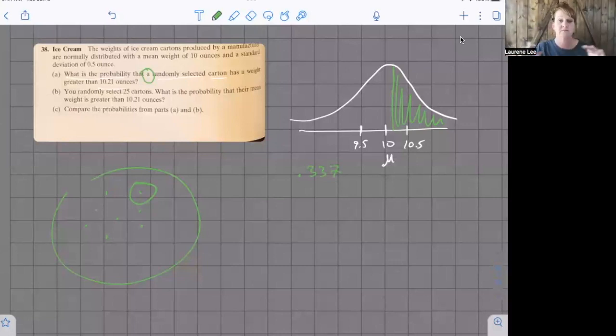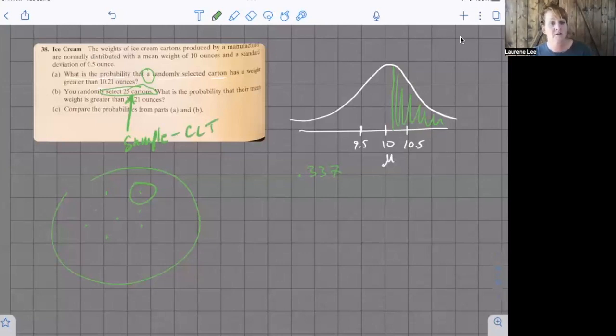Okay, that's 5-2. Now look at part B. You randomly select 25 cartons. That's the key. This is a central limit theorem problem. Why? Because in this situation, we're pulling a sample. That means we're going to use the central limit theorem.